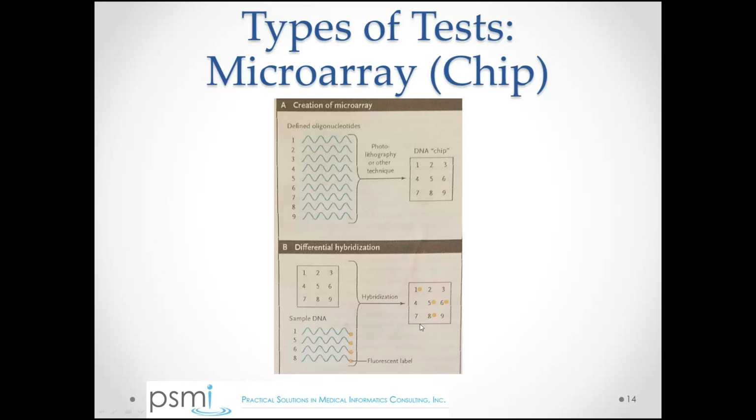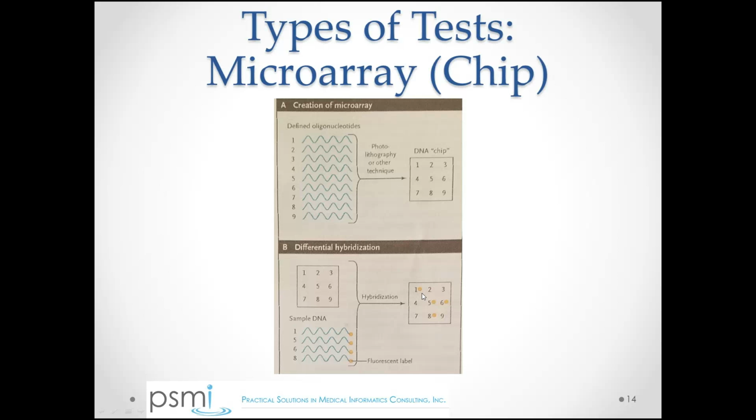And so based on the results here, we can infer, well, the sample DNA must have had a region that was complementary to the oligonucleotide that was placed in well number 1, because it hybridized to it, and therefore we're seeing a fluorescent spot. Okay, and so that's kind of the basis of chip technology.